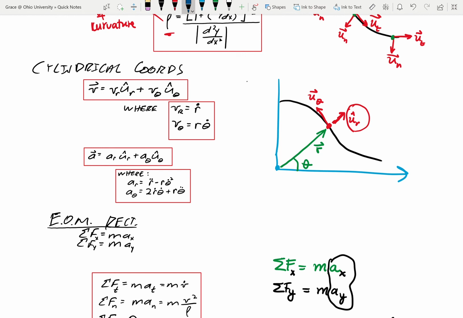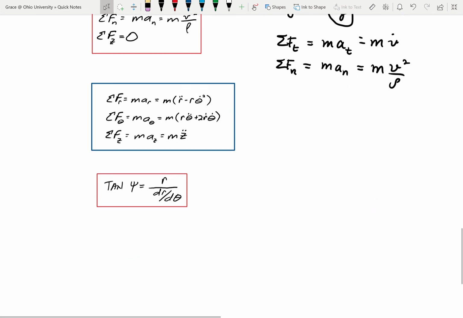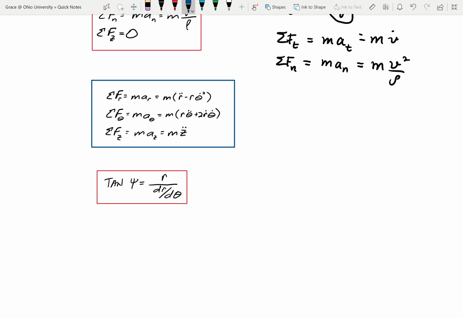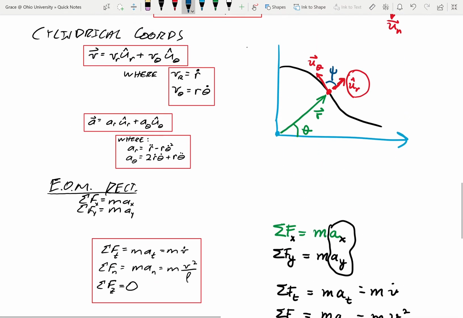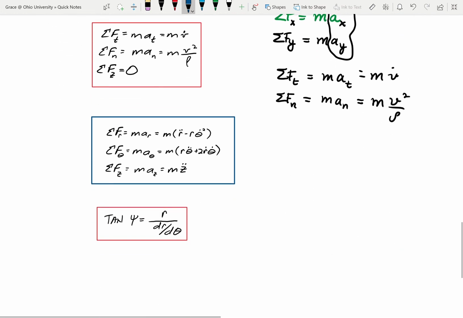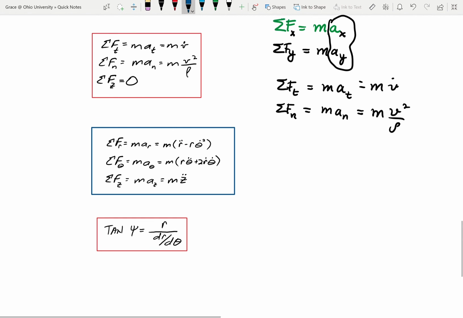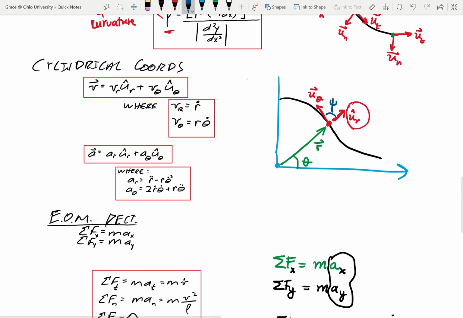Wherever you are, the angle between your radial distance and your tangent line, which we call t, is equal to phi. So tan of phi, the angle between your radial distance and your transverse direction, is equal to the radial distance divided by the slope, which you have over here.